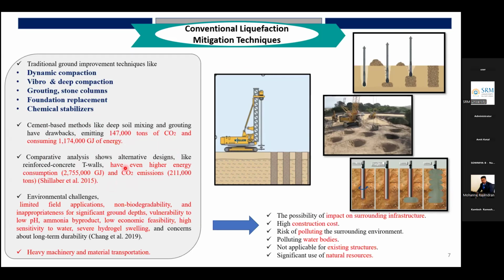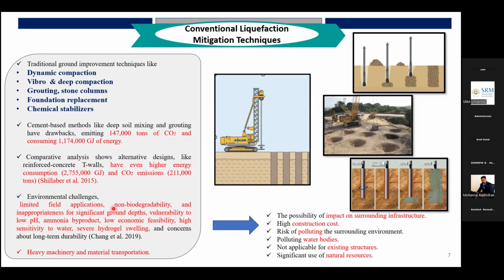Moreover, these methods have a lot of challenges, especially environmental challenges. They have limited field application, non-biodegradability, inappropriateness for significant ground depth, vulnerability to low pH value, ammonia byproduct, low economic feasibility, high water sensitivity, and severe hydrogen swelling.